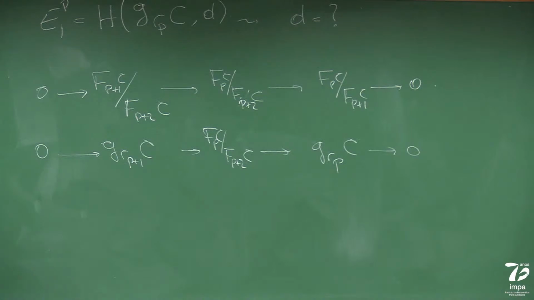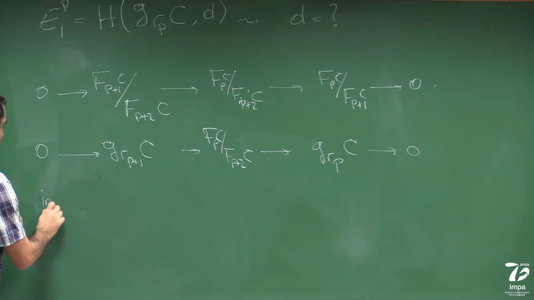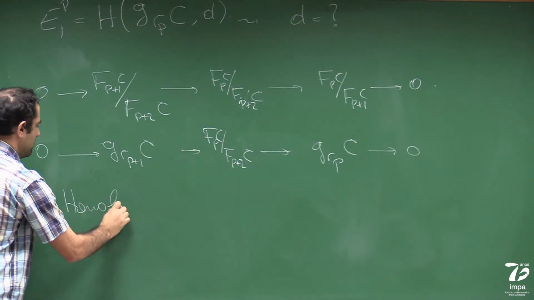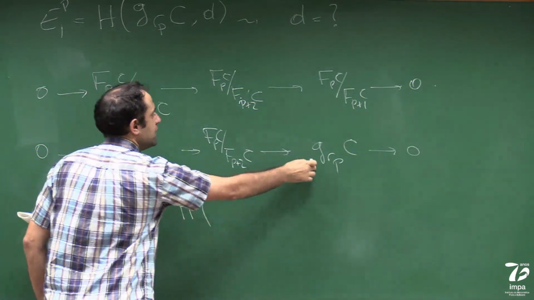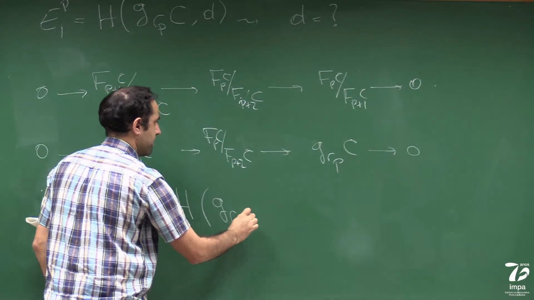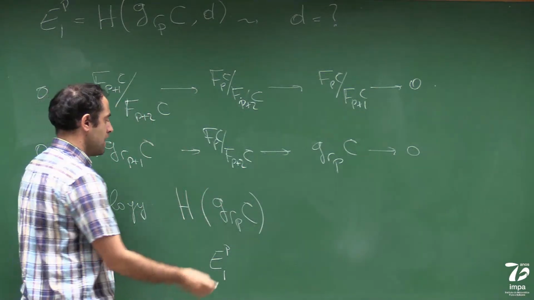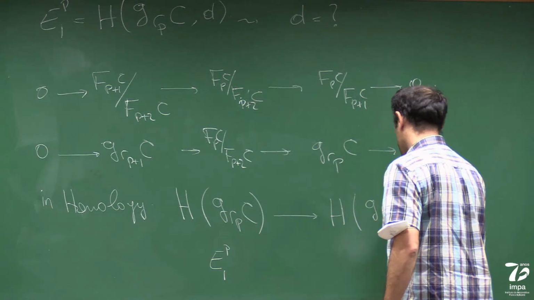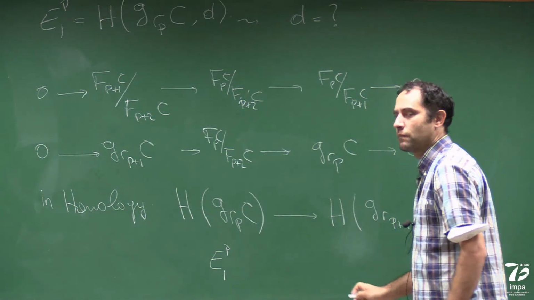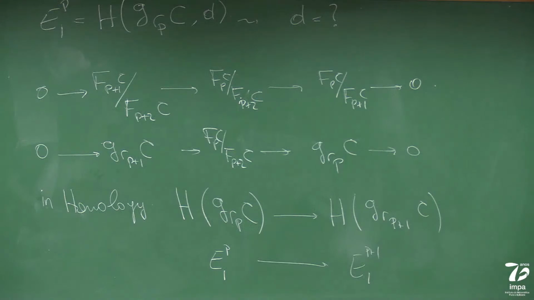So now, these are all complexes. Let's look at the corresponding long exact sequence in homology. In homology, you get a map from the homology of this complex, which is E^1 in degree p, and it goes to the homology of this complex, which is E^1 in degree p+1.